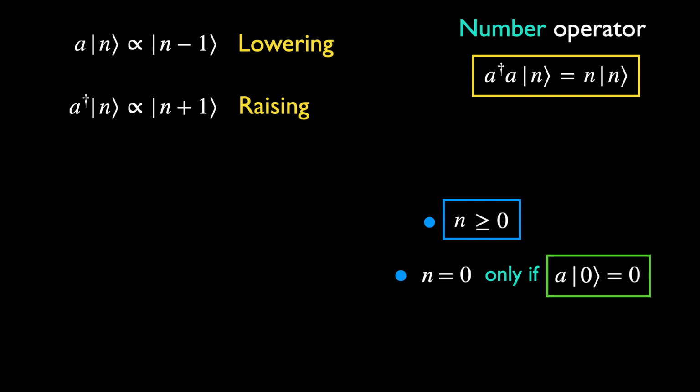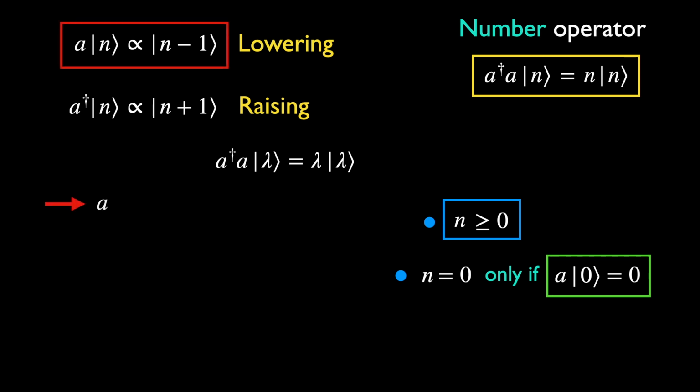Suppose we take an arbitrary eigenvector of the number operator with eigenvalue lambda. We could keep on applying the lowering operator on this state to get eigenstates with lower and lower eigenvalues. This process will only terminate when we reach a null vector, which is invalid as a state. Let's assume that it takes n+1 applications of A for us to reach this stage for this particular state lambda.